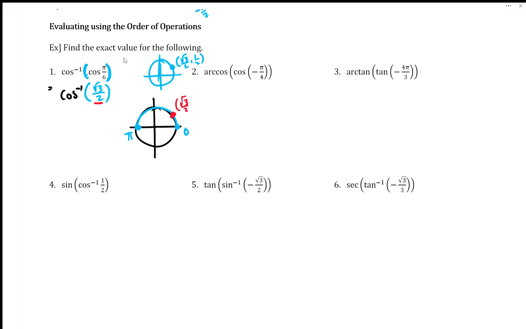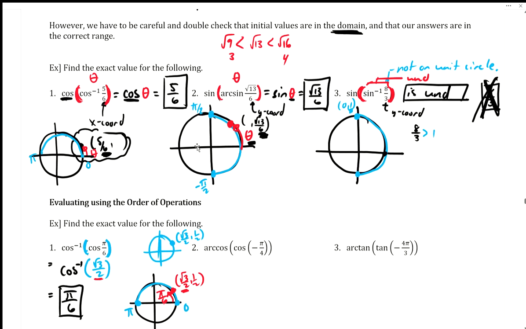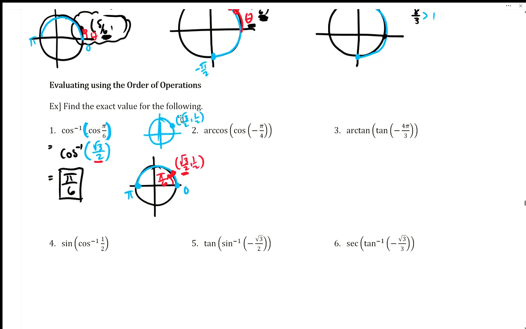There's where radical 3 over 2 is as an x-coordinate, and working backwards, that's the angle pi over 6. So cosine inverse of radical 3 over 2 is just pi over 6. We could have also used the rule that we saw for 1 and 2 above. It happens to work out. Again, I would go the long way because it doesn't take much longer and it's guaranteed to give us the answer. Don't fall for a trap.